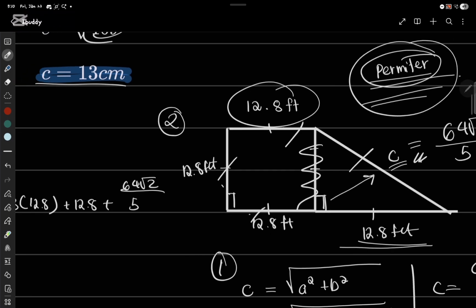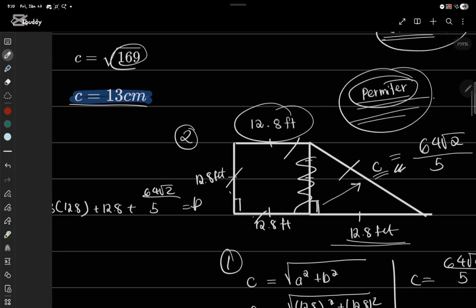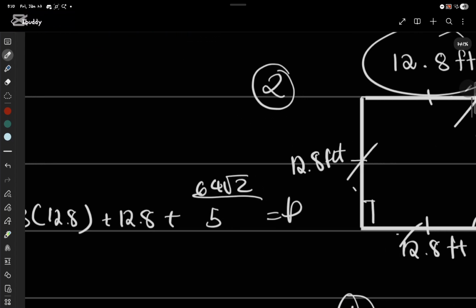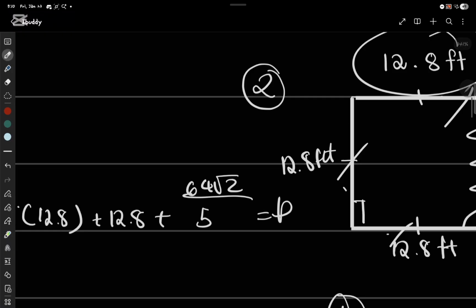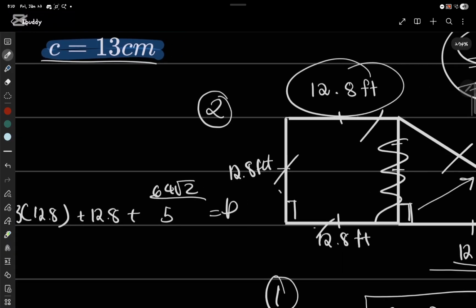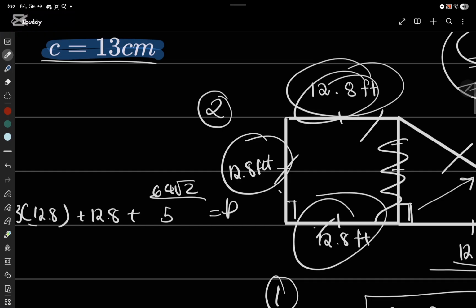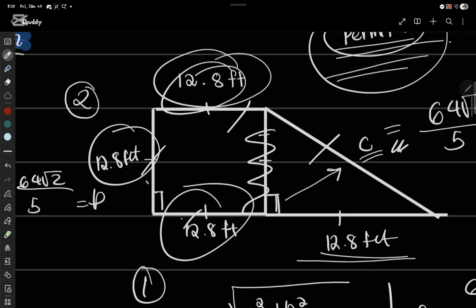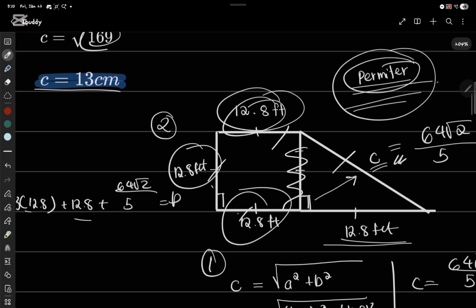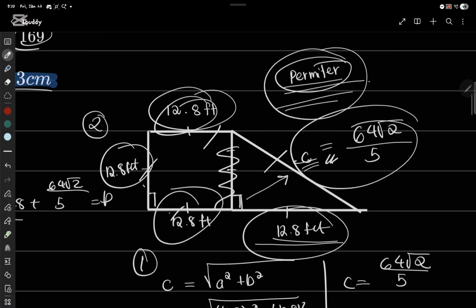So that would be our perimeter, right? So you have 3 times 12.8, because you want to get these 3 sides. Boom, boom, boom. You want to get those 3 sides, and you plus another 12.8 to get this side, and you add another this number here to account for this C side here.